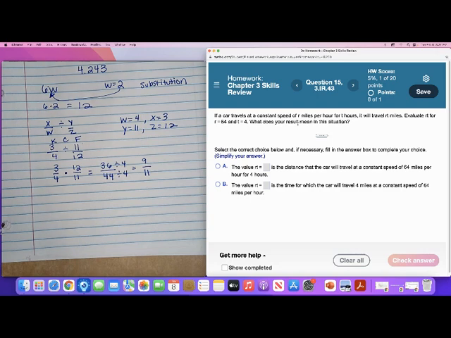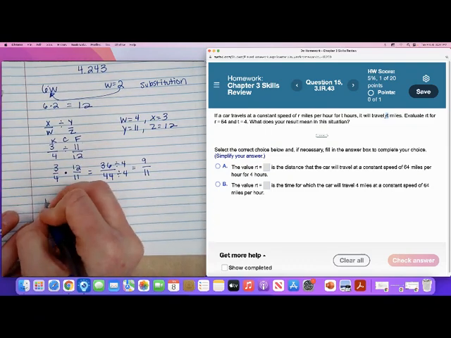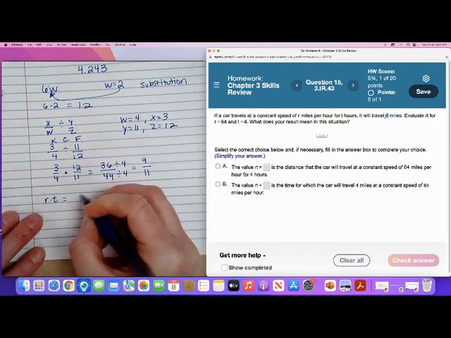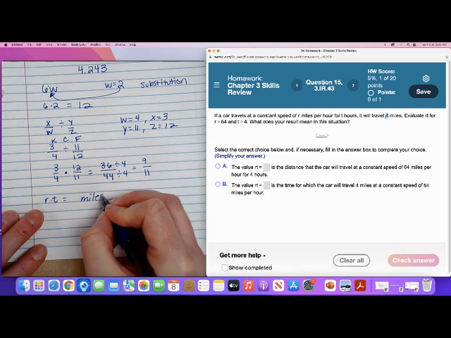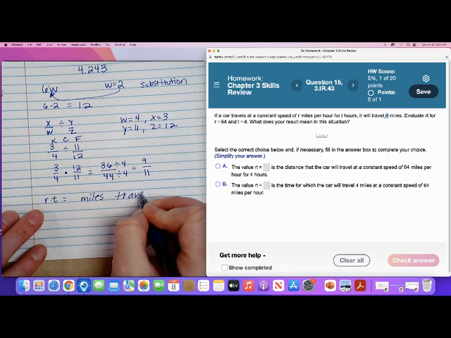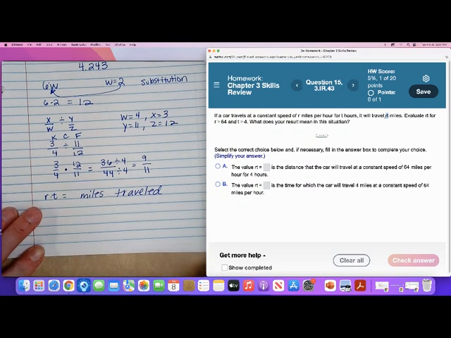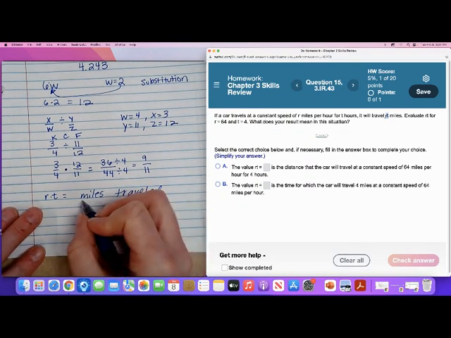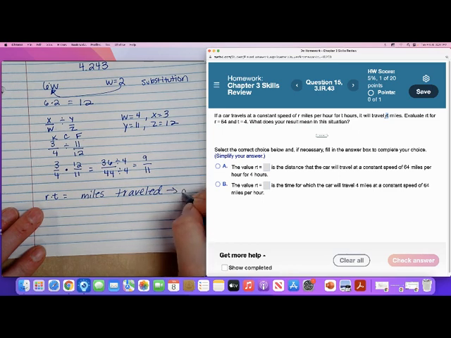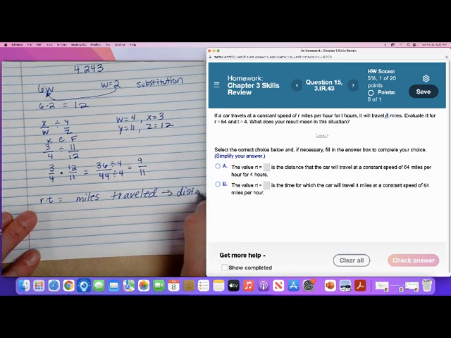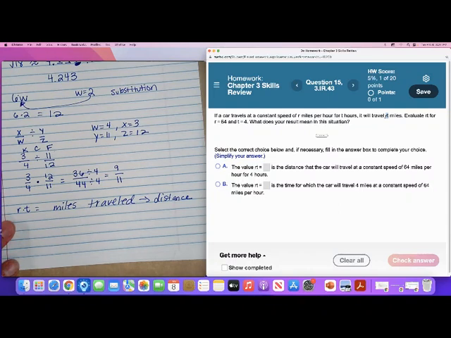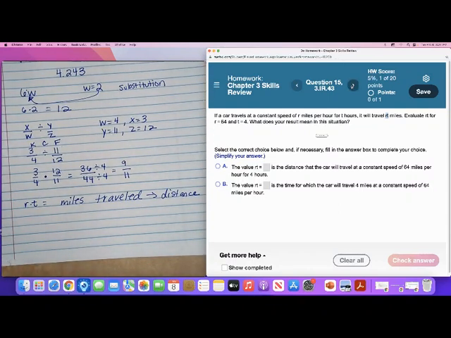What does your result mean? So it says it'll drive rt miles. So you're going to multiply r times t to get the miles traveled. So miles traveled is also called distance, right? So hopefully that helps you on that one.